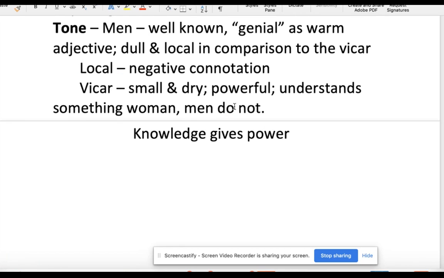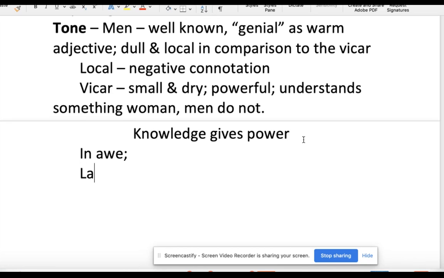So, I mean, she's a little bit in awe of the vicar. And the vicar is just a religious man, like a local priest or a local pastor. Yeah, I think that's probably right.